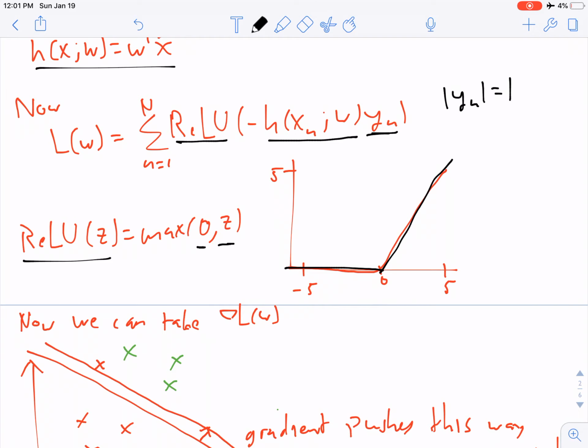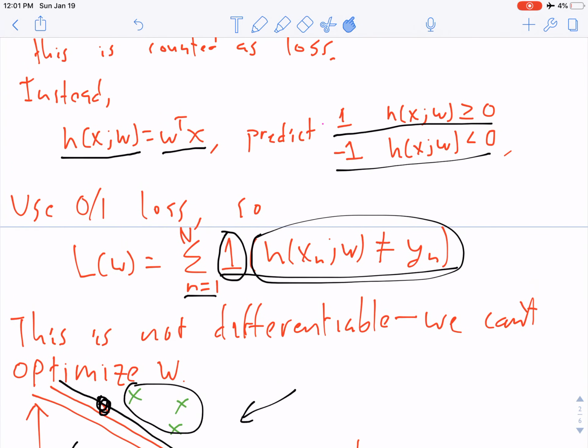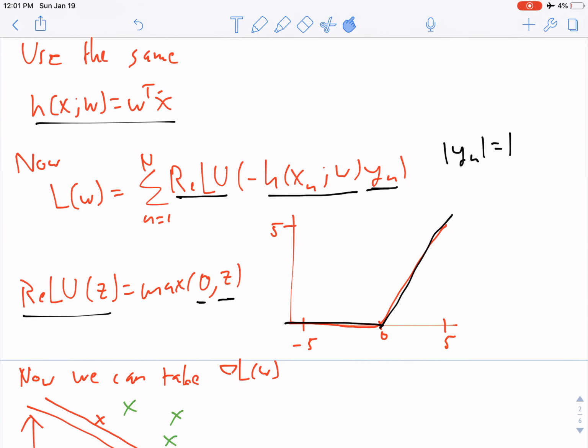So really what we're doing here is if y_n and our predictor have the same sign, which in our last model would correspond to a correct prediction, then the quantity inside the ReLU, negative h of x_n given w times y_n, will be negative, so that'll just be 0. So if we correctly classify it, then there's no loss.